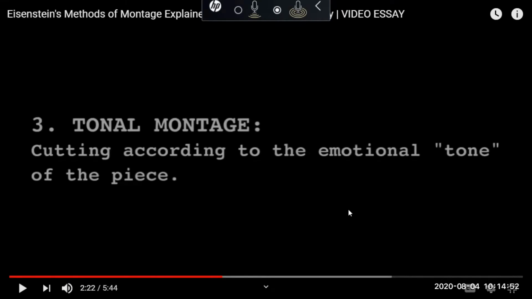For example, Battleship Potemkin actually focuses on a real mutiny, but it only reproduces the mutiny in the film by showing the difference between the orders of the command and the poor sailors reacting to the order, because in Battleship Potemkin the mutiny actually started with the sailors' refusal to eat meat that had worms in it, and the captain was telling them to eat it, and that's how the sailors refused to eat, and that's how it started.